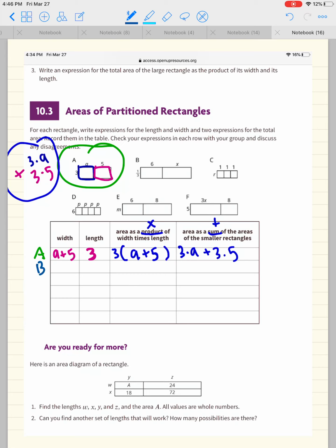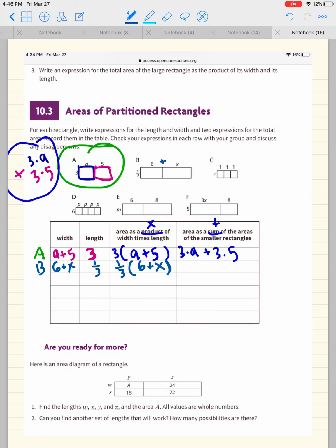Okay, let's look at the second one, B. Our width is 6 plus x, and our length is 1/3. Now it wants us to write it as a product of width times length, so we're going to have 1/3 times 6 plus x.